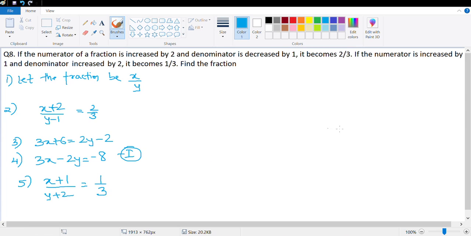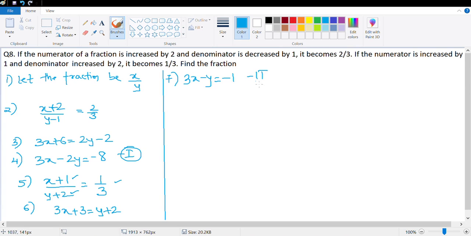Let's read it once again. Numerator increased by 1, denominator increased by 2, it becomes 1 upon 3. Let's cross multiply. So 3x plus 3 is equal to y plus 2, which means this equation becomes 3x minus y is equal to 2 minus 3, that's negative 1. That's our equation number 2.